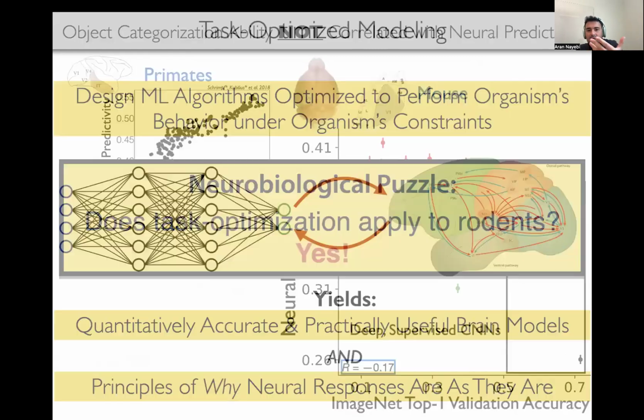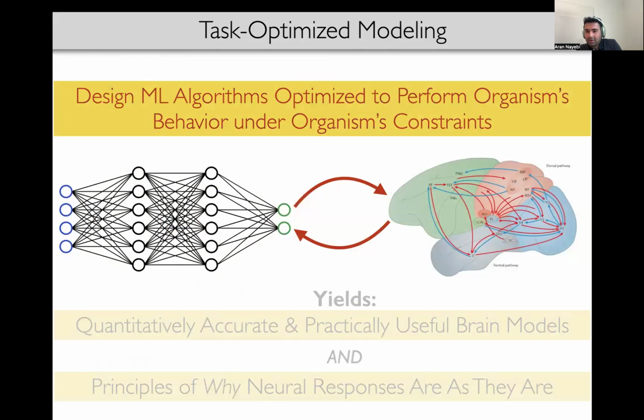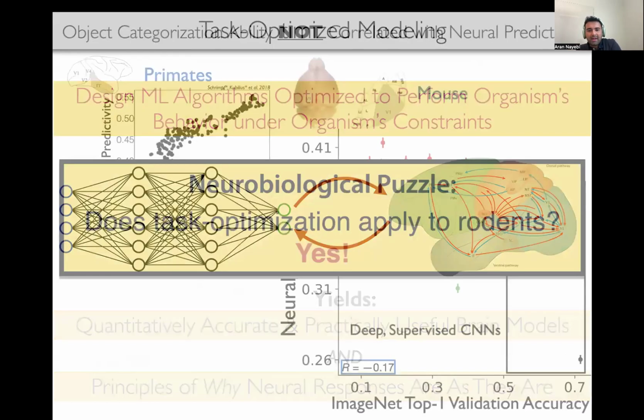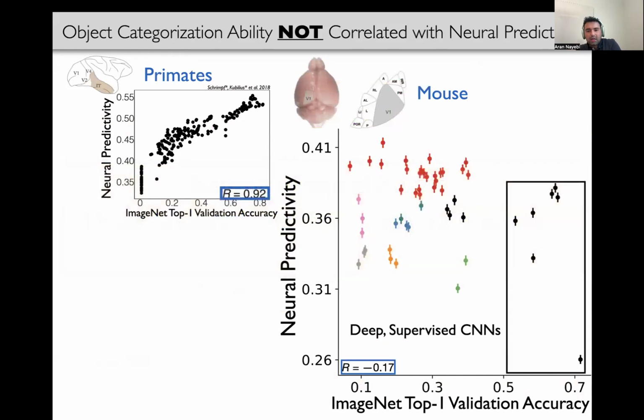And it really does come down to the fact that the constraints that we have with these primate models are very different than the constraints that the actual mouse visual system has to deal with. So it'll be prudent to identify what those constraints are. Long story short, what we found was that shallow contrastive CNNs are actually best matching the mouse visual system.